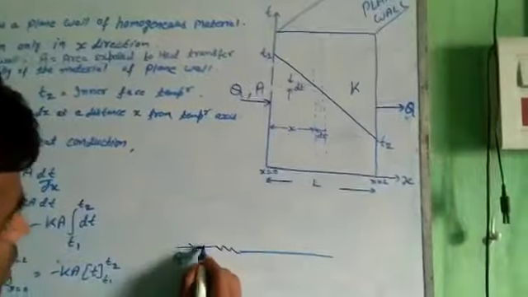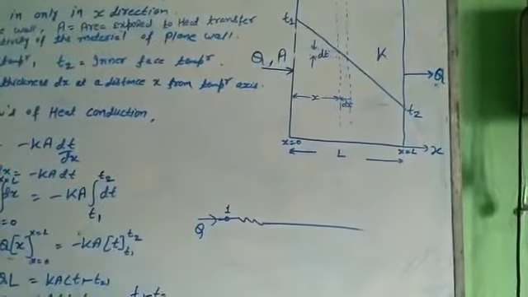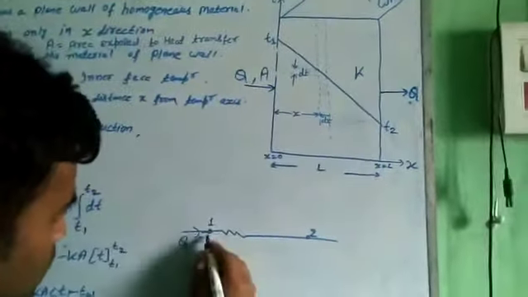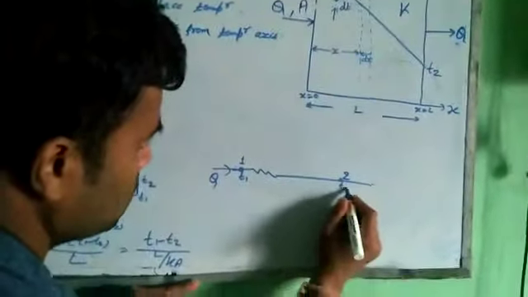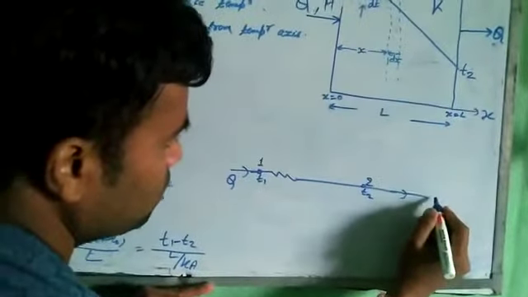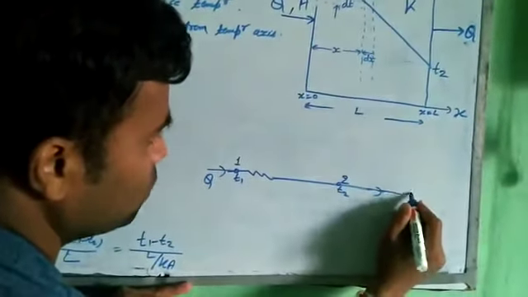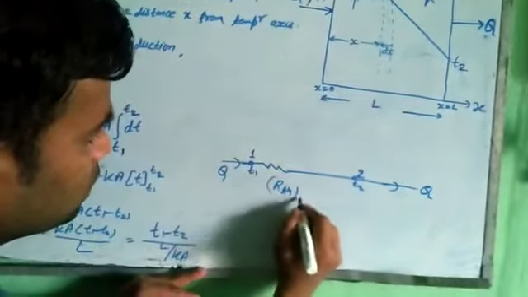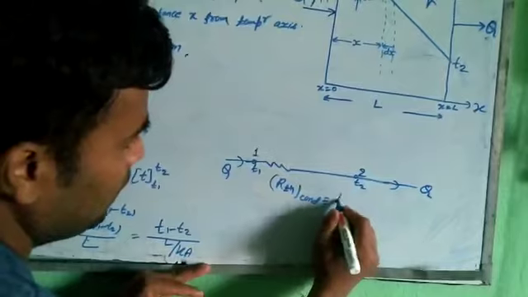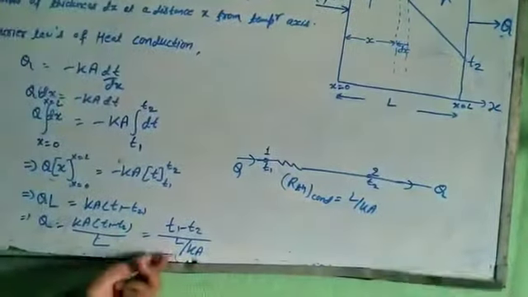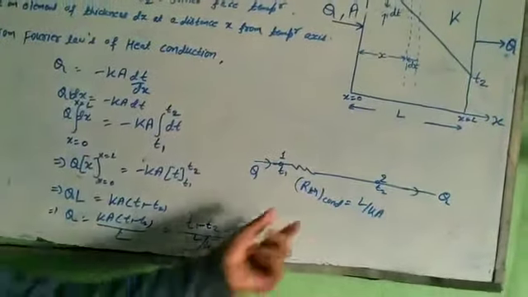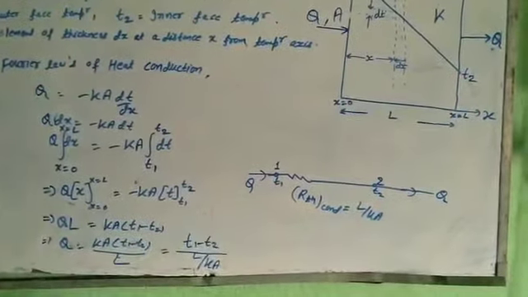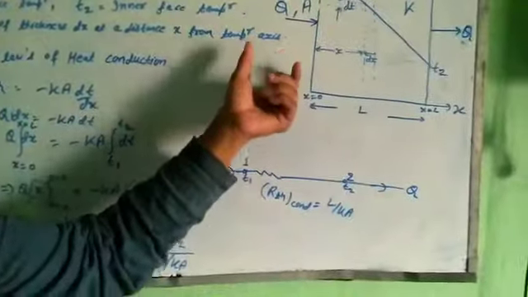Suppose this is position 1 and this is position 2. Here temperatures T1, T2, and steady state heat transfer is going on. This is Q. Then R thermal conduction is L by KA. This denominator term is called thermal resistance due to conduction. So L by KA.